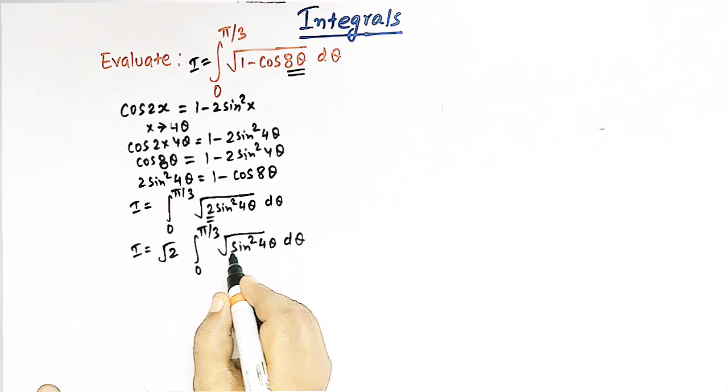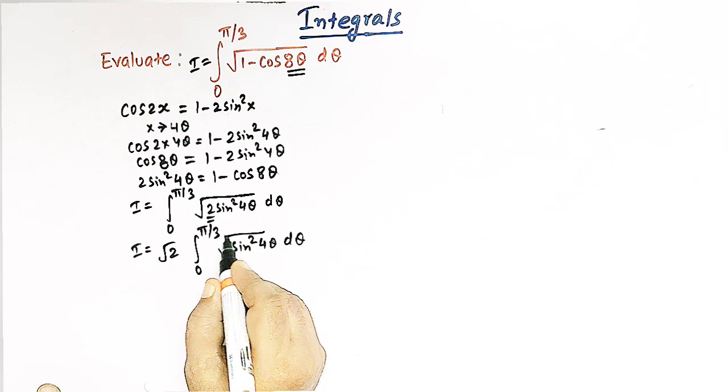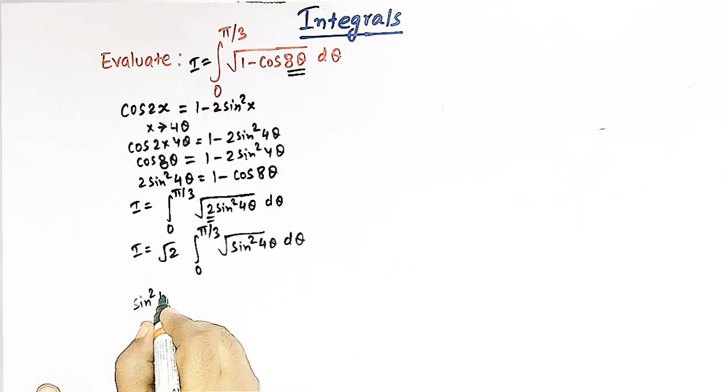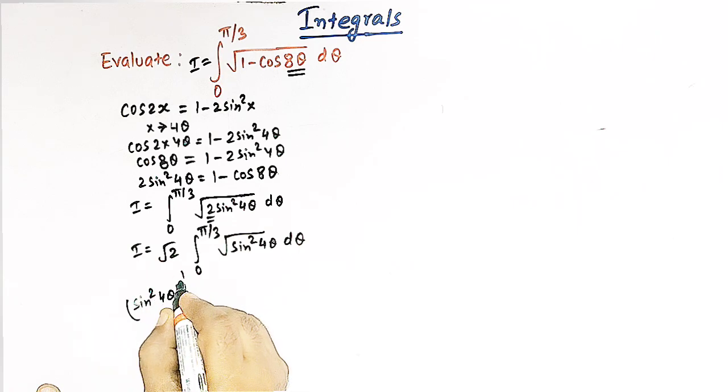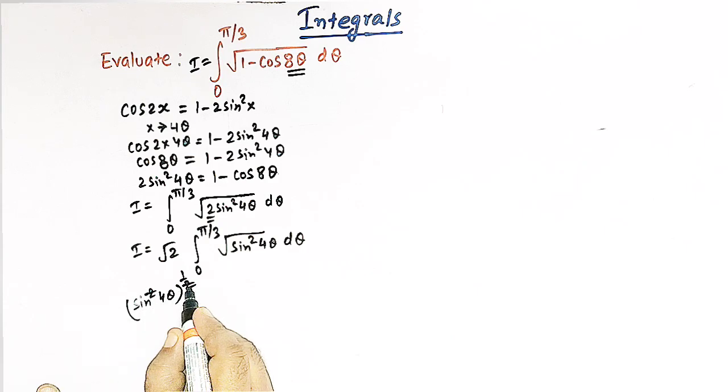Now here we cannot cancel this square with this square root, because we cannot write sine square 4 theta raised to half and then cancel out this 2 with this 2.